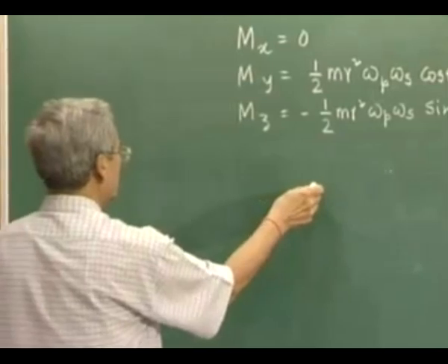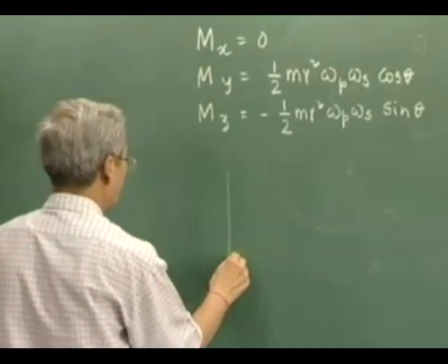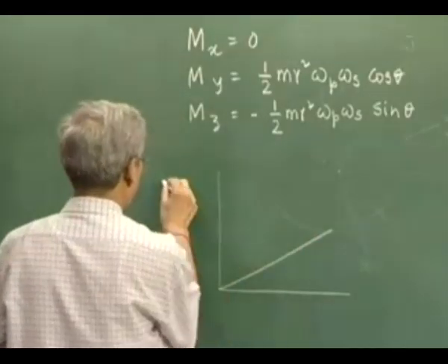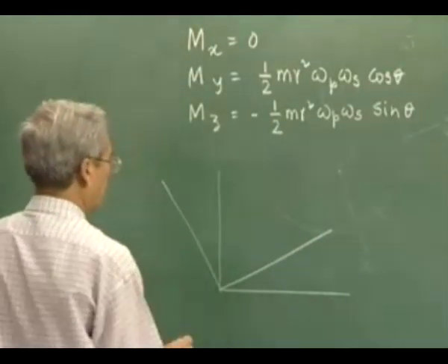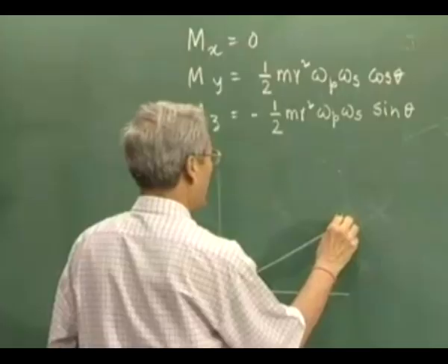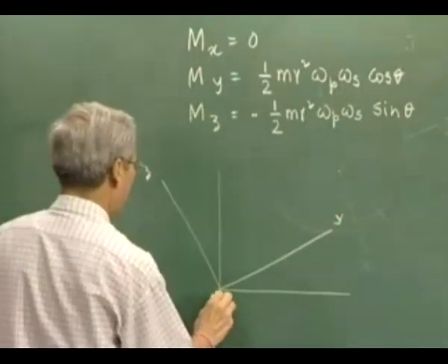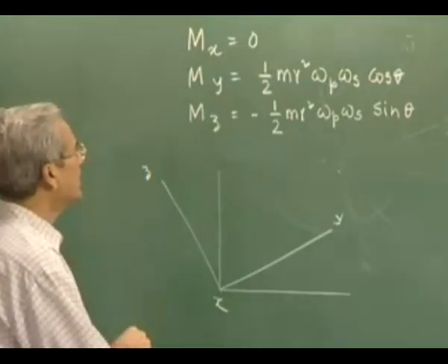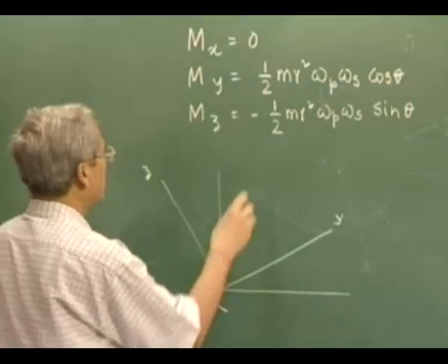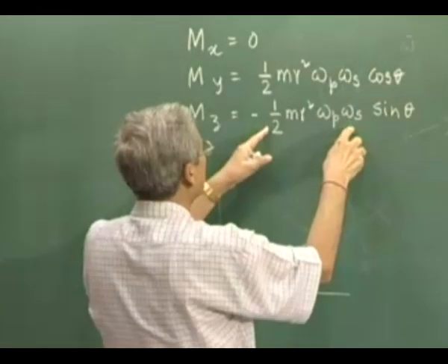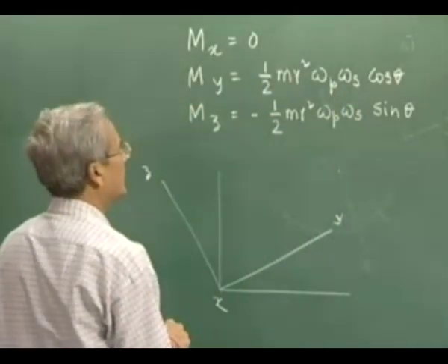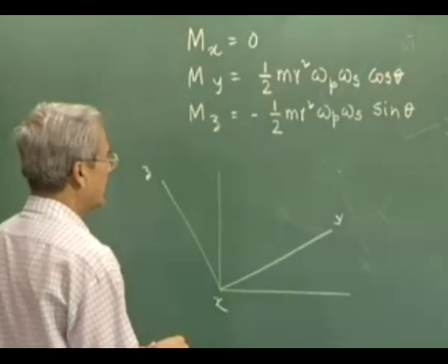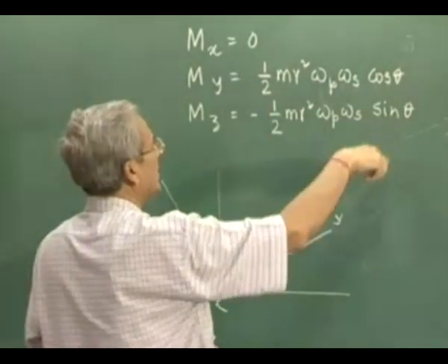So the interesting thing is this, that M_y and M_z, the magnitude is same, one is cosine θ, one is sine θ, and we know that such a thing represents a vector.